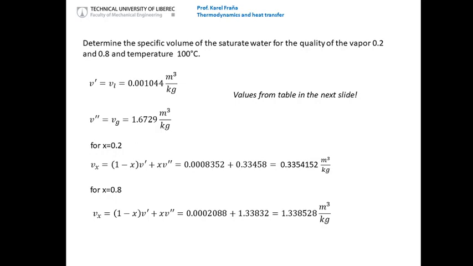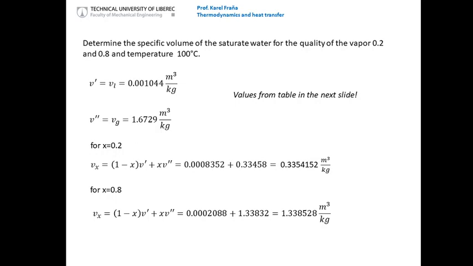In the same line, you will find the second value, the specific volume of the saturated gas, with index G, and it will be 1.6729 cubic meter per kilogram. These are the two points which you needed.